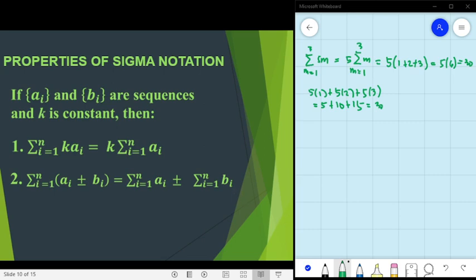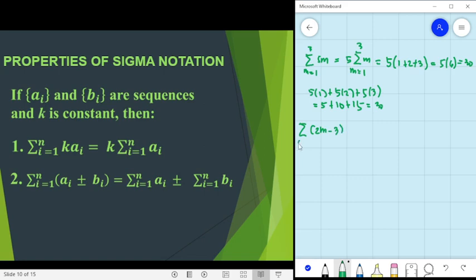Okay, so for example, if we have the summation of 2m minus 3, where m runs from 2 to 5, it is the same as the summation of 2m, where m runs from 2 to 5, minus the summation of 3, where m runs from 2 to 5.